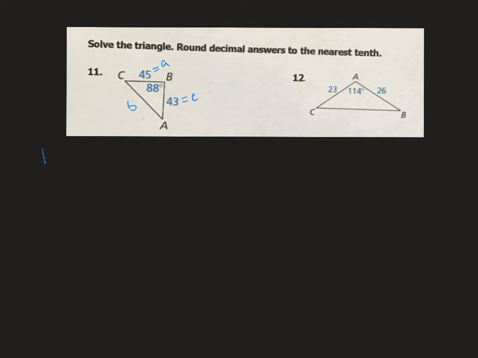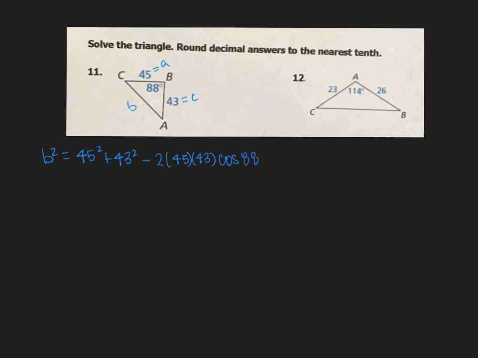So b squared is going to equal a squared, which was 45, plus c squared, which was 43, minus 2 times a times c times the cosine of that angle B, which was 88.